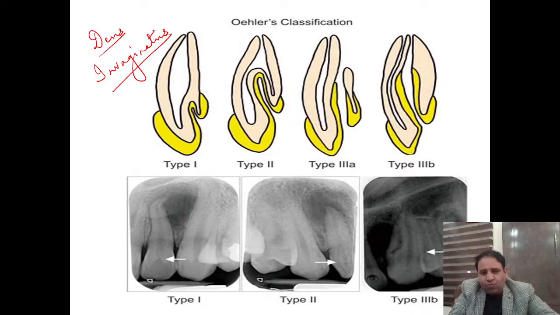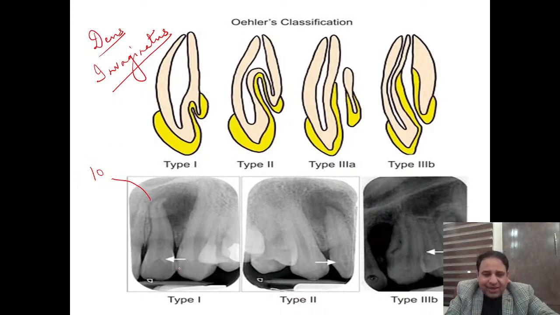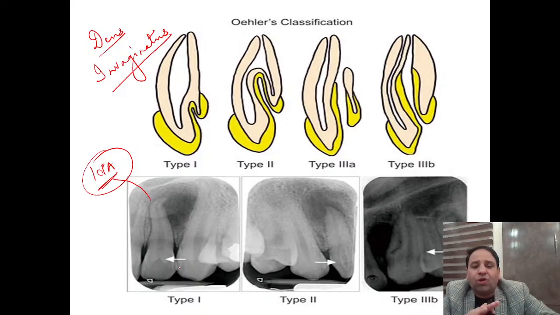This is the most common IOPA you see here. This image you will see everywhere while solving questions on dens invaginatus, in most of your question banks and question papers. First of all, what is dens invaginatus?